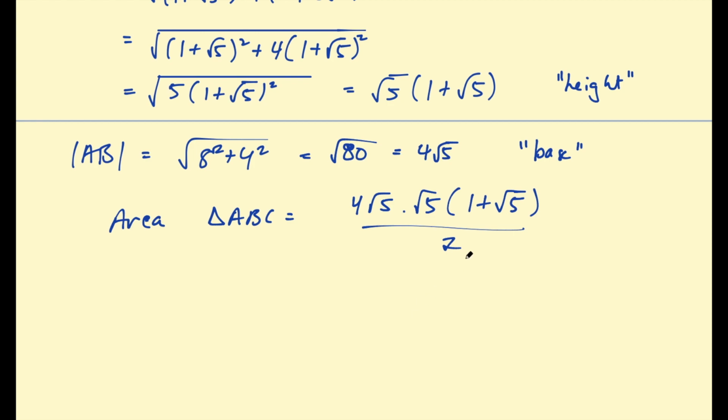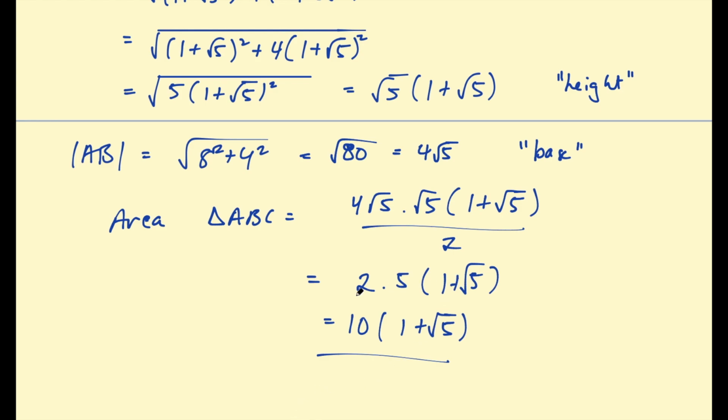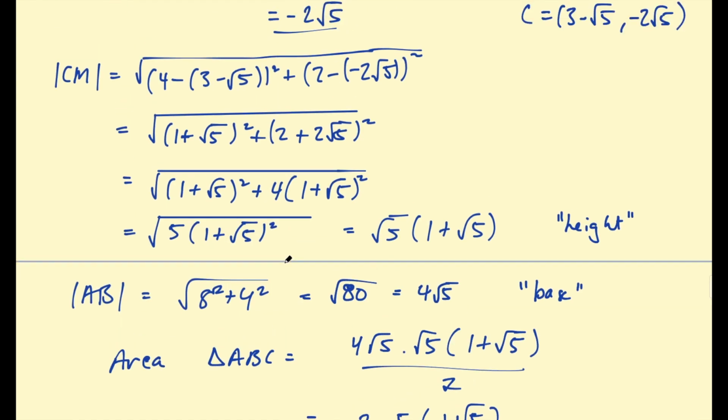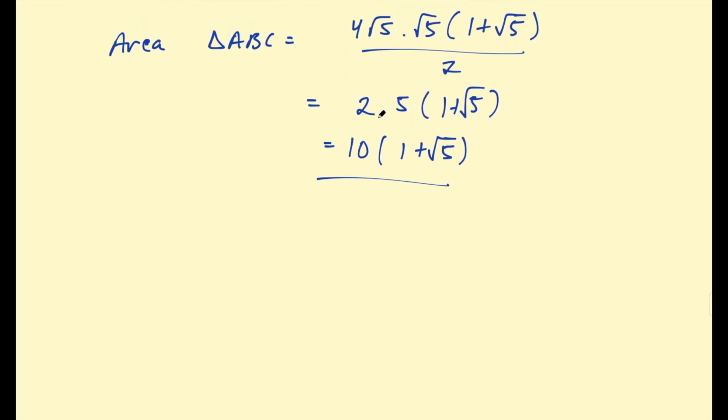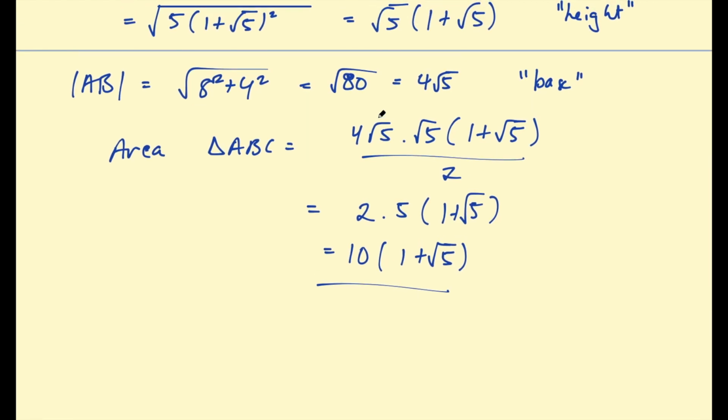That's the area of a triangle formula. Then we have 4 divided by 2 is 2. Root 5 times root 5 is 5. And so we get 10 times 1 plus root 5 as our final answer. Okay, so that's the area. How did they say it? That was the greatest possible area of triangle ABC was 10 multiplied by 1 plus root 5.